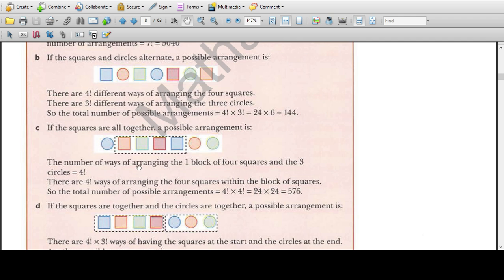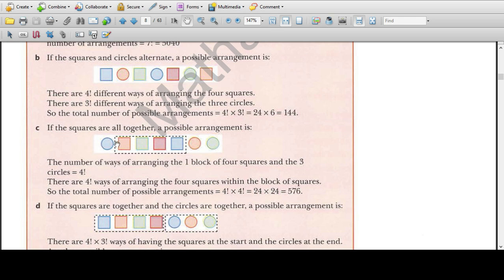So in this way, this is a single entity. The entity can be first, second, third, or fourth. So there are 4 possible ways of arranging this, and within the squares there are 4 ways.